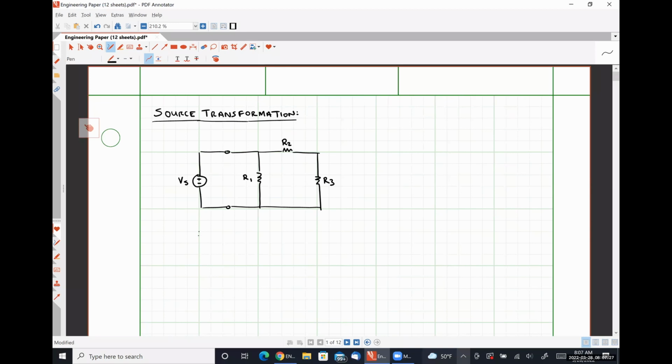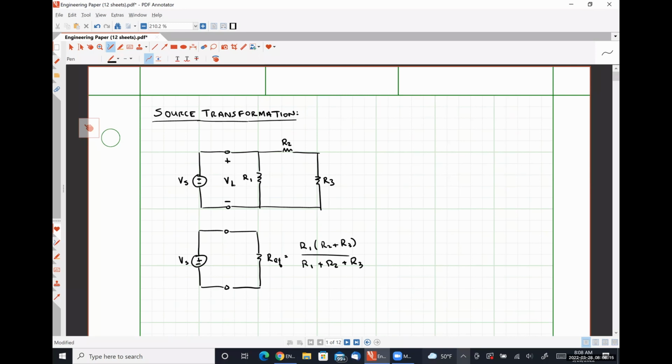This is electrically equivalent to a network containing that same voltage source Vs connected to a single resistor Req, where Req is R1 times R2 plus R3 divided by R1 plus R2 plus R3.